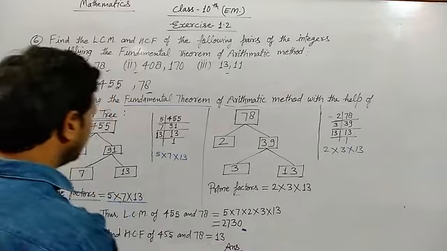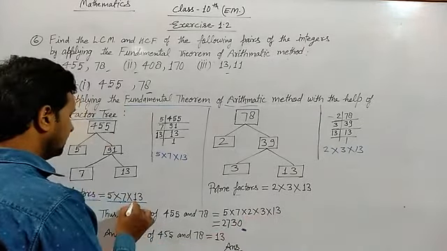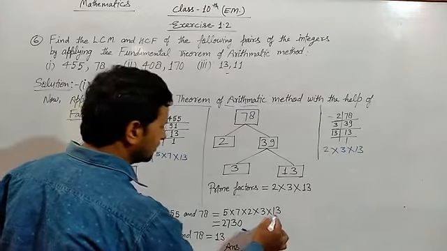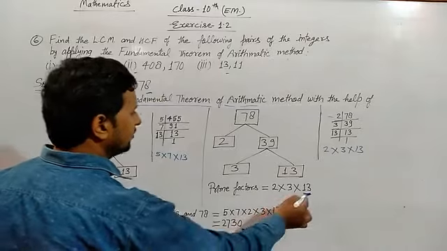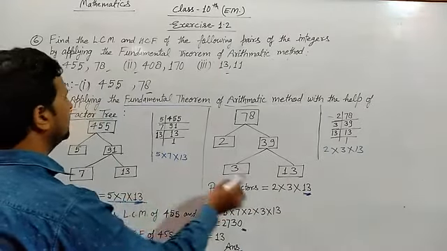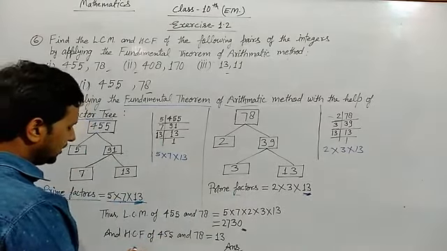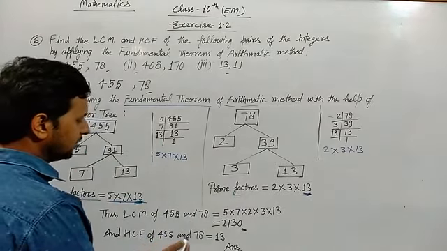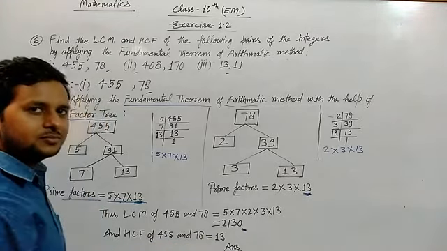And now HCF, as we know very well, the highest common factor is HCF. Here is 13 and here is also 13. So we can say that 13 is the highest common factor in both numbers, means 455 and 78. So we can write here HCF of 455 and 78 is equal to 13. Okay.